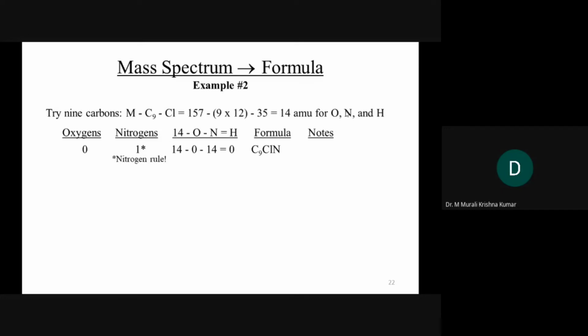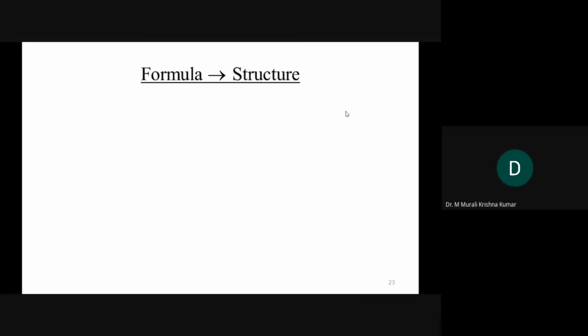No other element is possible. So it is reasonable, but we can hardly find any compound with this type of composition. Sometimes we also have to see practicability. Not enough AMU, not enough space is available for any other element, so it is not that much possible.